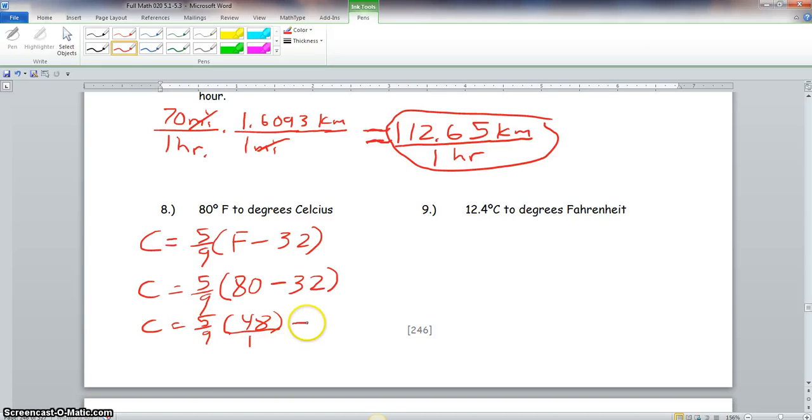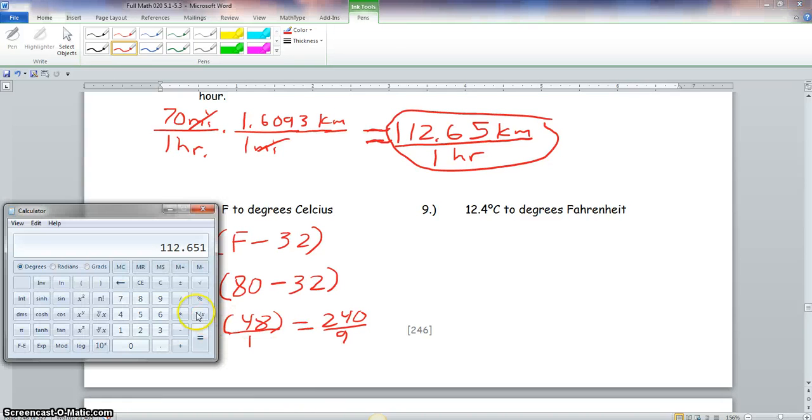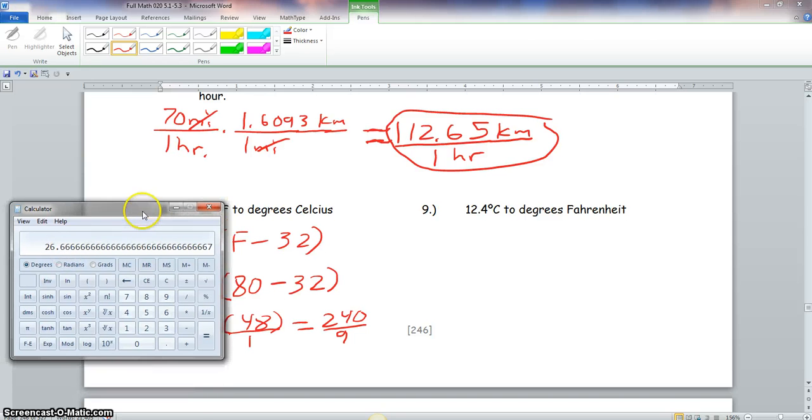So now we can multiply. 5 times 48 will give you 240. And 9 times 1 is 9. Now we could take our calculator. We will have 240 divided by 9. And we have a repeating decimal here. So we're going to round to the nearest tenth of a degree.